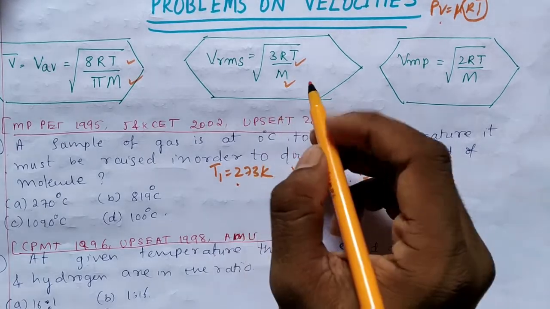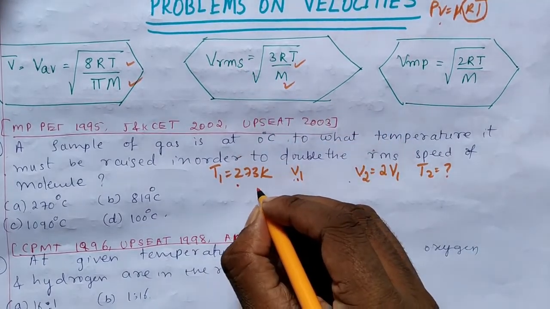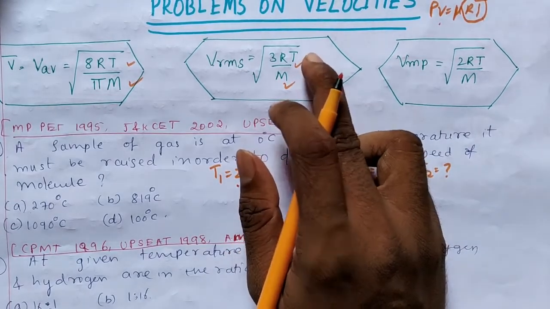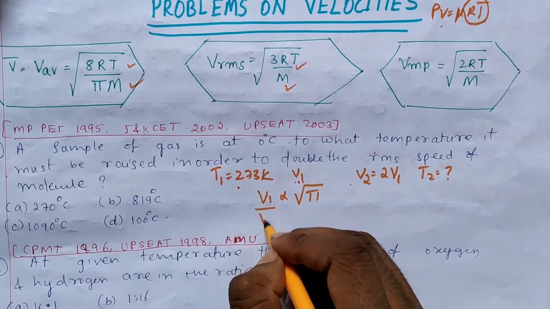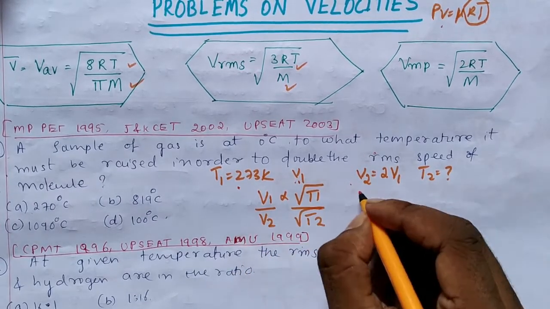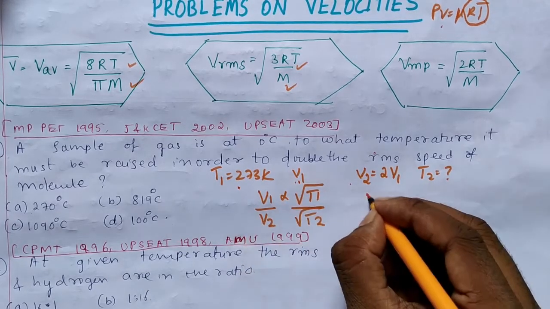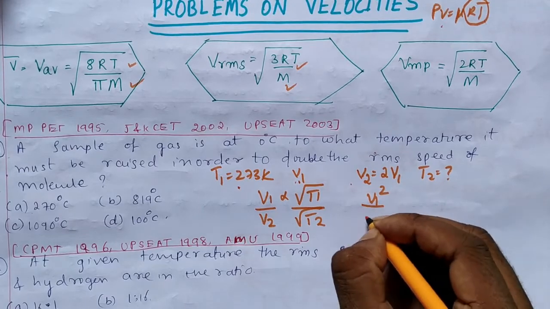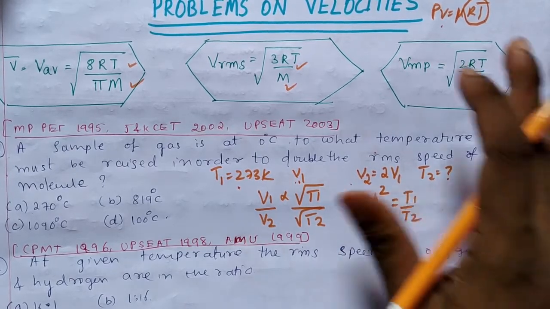For that you can remember the relation: V RMS is directly proportional to root of T. So V1 is proportional to root of T1, and V2 is proportional to root of T2. If you take the roots to the left side, we get V1 square divided by V2 square is equal to T1 by T2.